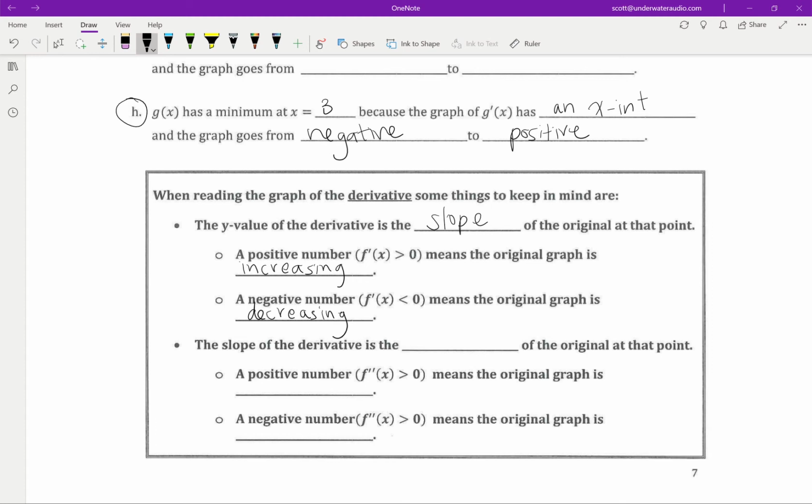The slope of the derivative is the second derivative. So actually, I probably should have written that second derivative. Or concavity, either works.